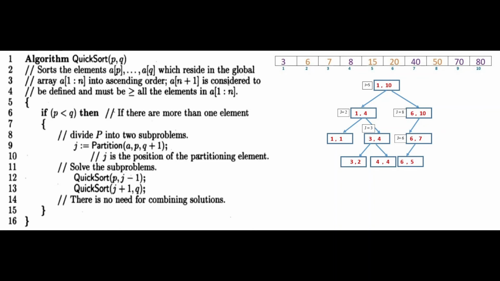The if condition, p less than q: p is not less than q, so we do not enter the body of the if and exit from that function, and control returns back to its parent function, with values j is equal to 6, p is equal to 6, and q is equal to 7.